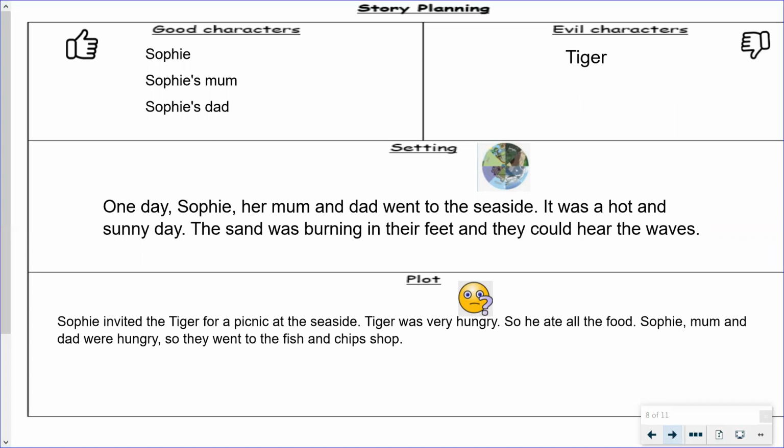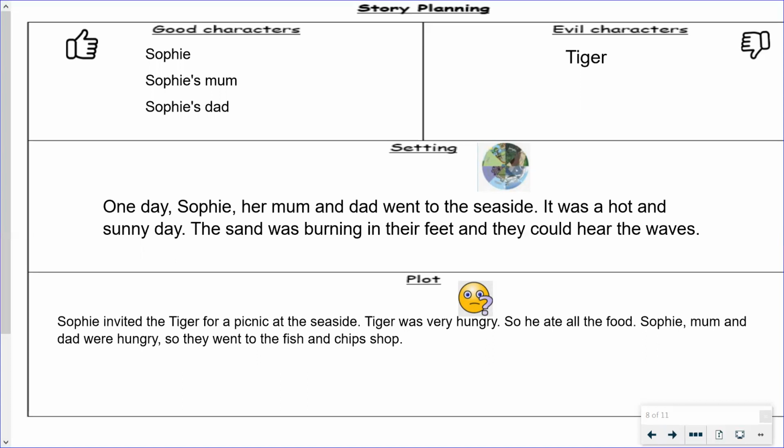So let's have a look at the story planning and see what do we need to write for the plot. So we did the characters. We know that our characters are Sophie, her mom and her dad and Tiger. And then we wrote about the setting yesterday. We said that the setting is going to be the seaside. Now we're going to have a look at the plot. Now, on my plot down here, I wrote that Sophie invited the tiger for a picnic at the seaside.